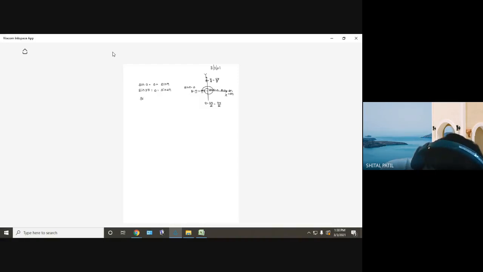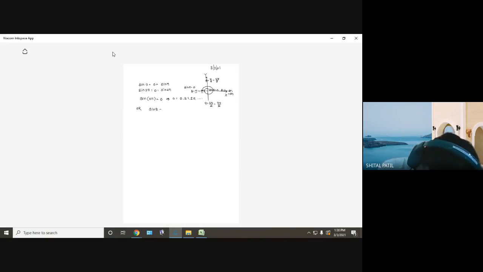Let me generalize it. So sine of n pi equal to 0. What is n here? n is equal to 0, maybe plus minus 1, maybe plus minus 2, and so on. Or in other words, I'll write like this.